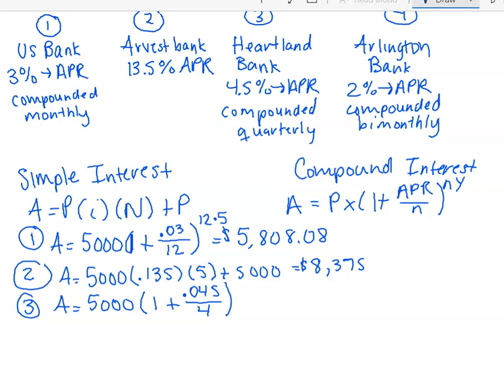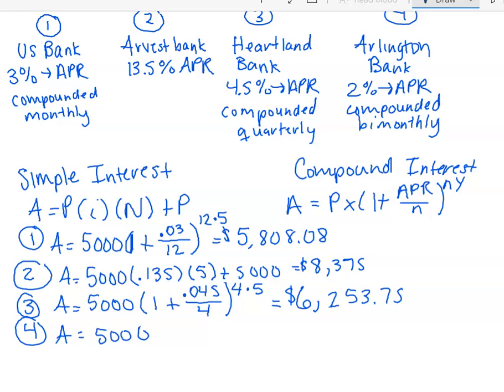Then it's raised to the n, so 4 quarters in a year times however many years, so times 5. When you calculate that, that's going to be $6,253.75.